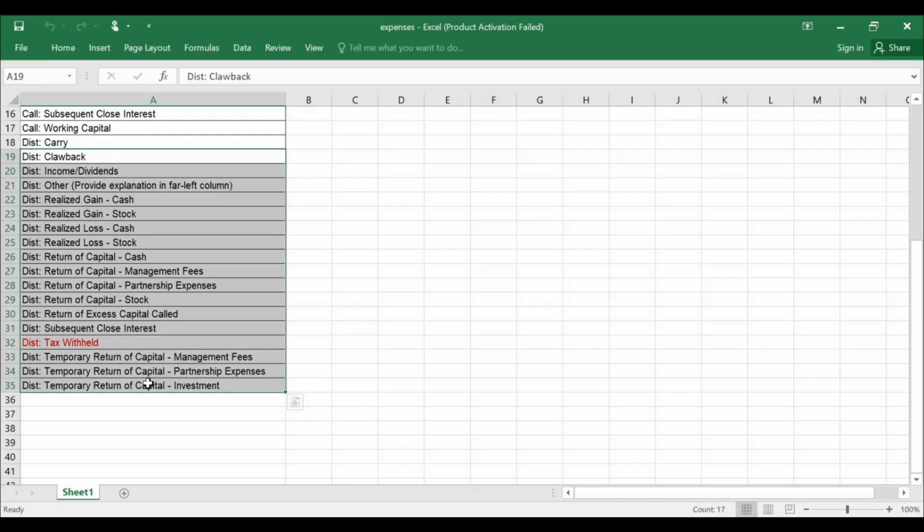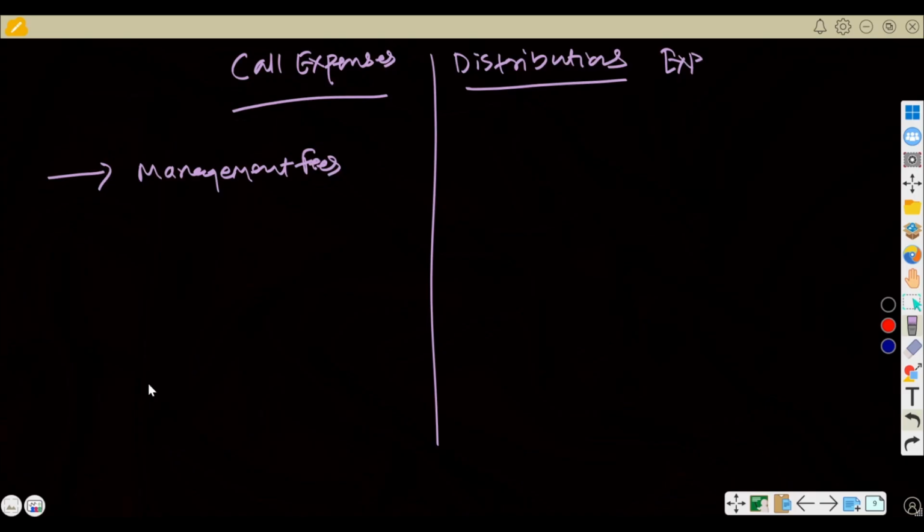So this is how your job would be in the private equity business. One at the time of call expenses and at the time of distribution, related to redemption, return of capital expenses. And related to management, or I would say administration expenses.